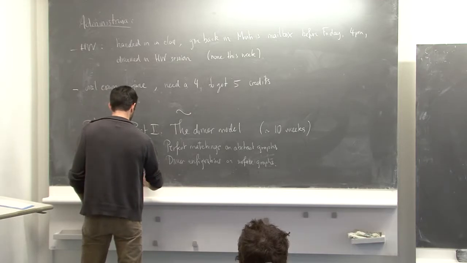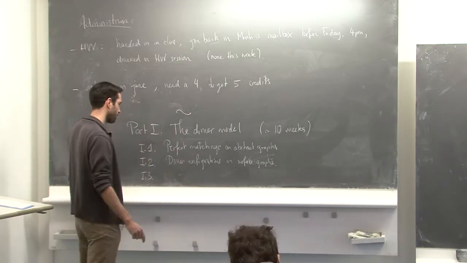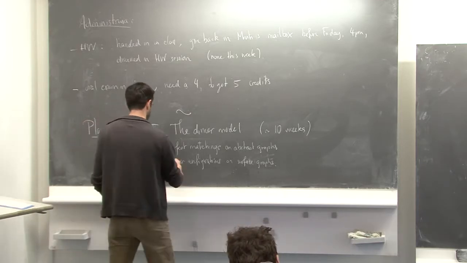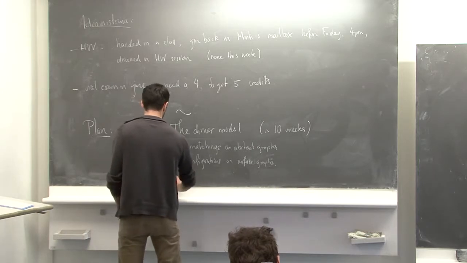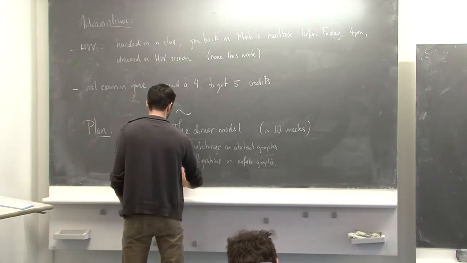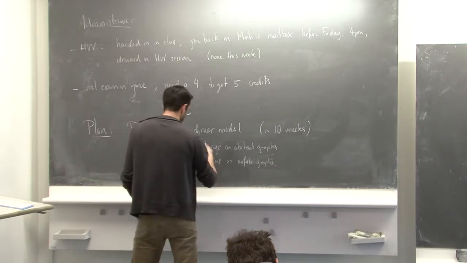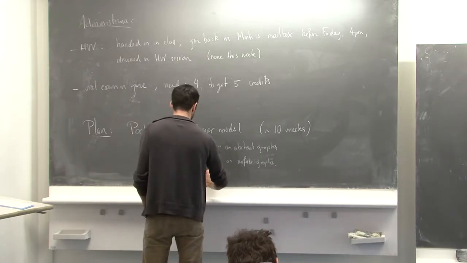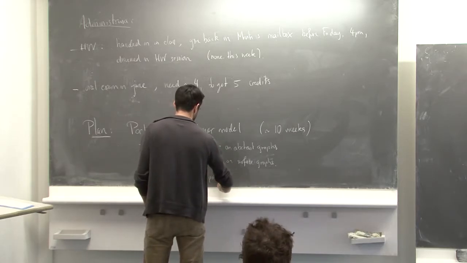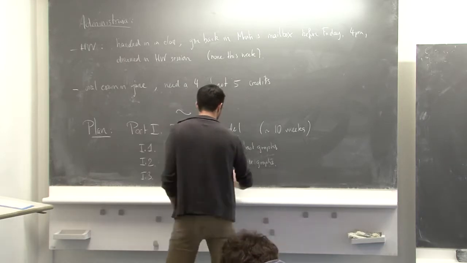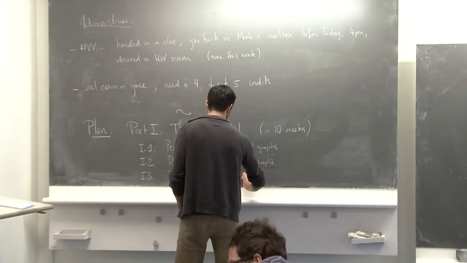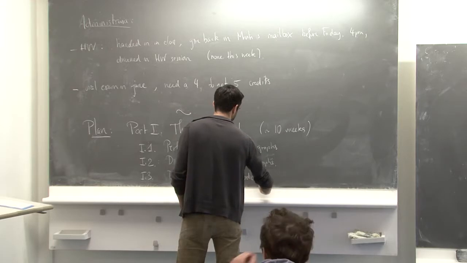And then in the third part, we're going to look at dimers on, let's say, bipartite, biperiodic graphs.